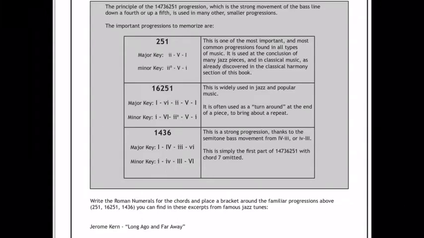Those of you that know a lot of popular harmonic structures, you'll know that it's very common to go 1 to 6 to 4 to 5 to 1. 1-6-4-5, 1-6-4-5. It's a very common progression. Notice what's happening here, and the reason you see the keyboard is so you can see what's happening.